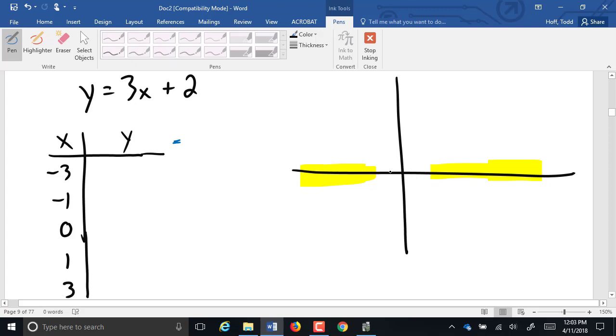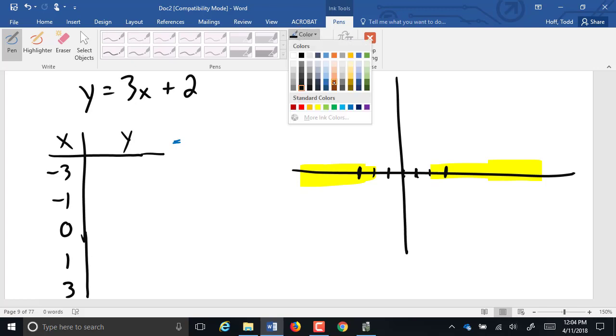So we've got numbers spread over -3, -1, 0 in the middle, +1, +3. That should give us a decent spread. Now we'll figure out what the y values have to be and plot points. That may or may not give us enough to figure out what this graph looks like, but it should give us enough to figure out what more we would need to know. Let me show you what I mean.